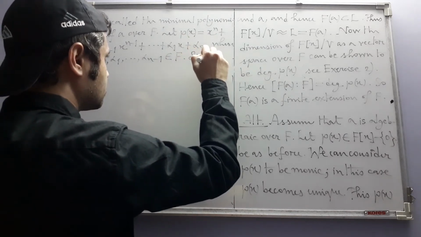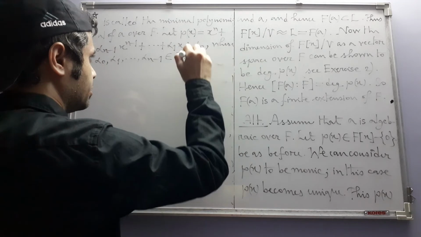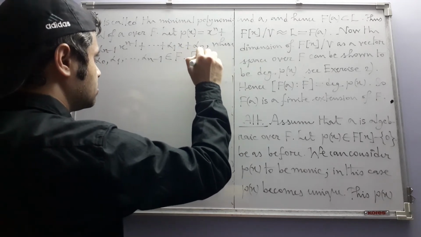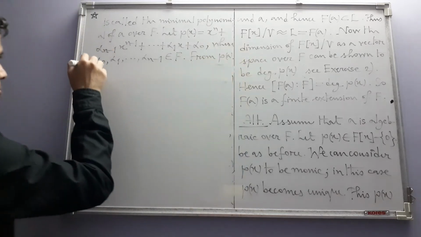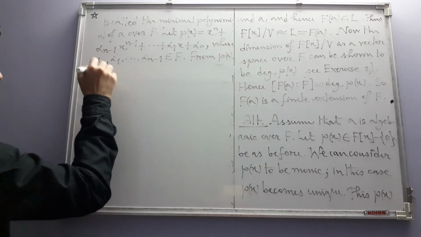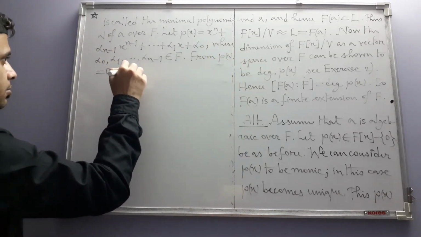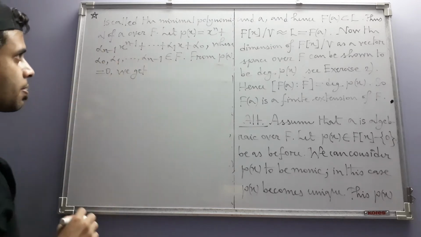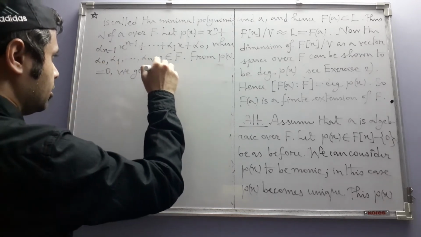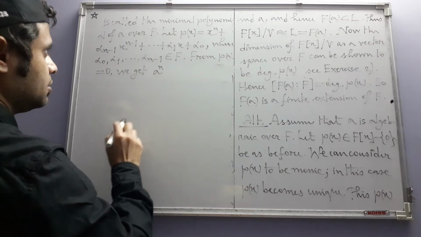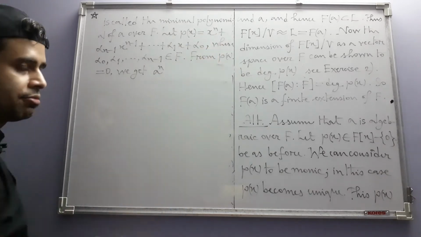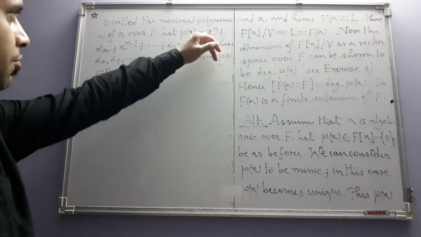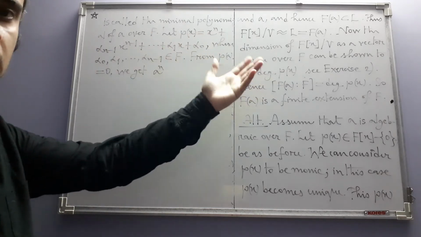Let's write like this, from Pa equal to 0 we get A to the power n. So if we substitute A for x, a monic polynomial in A will be equal to 0.